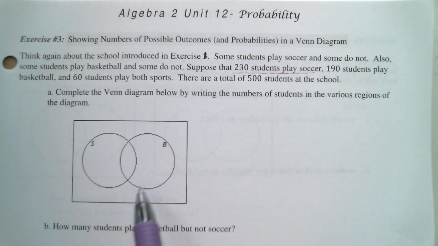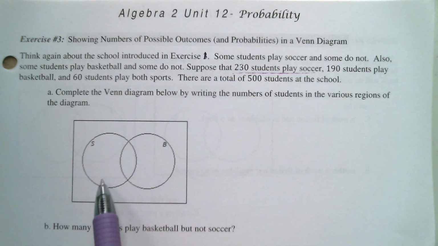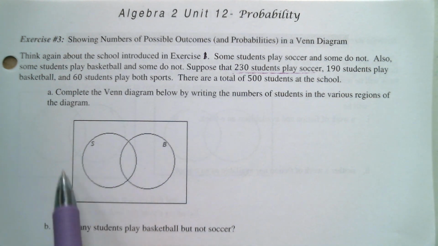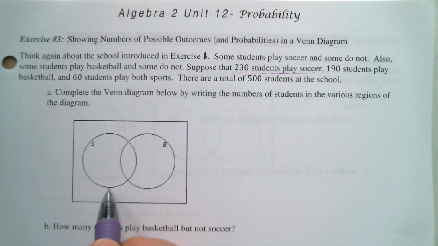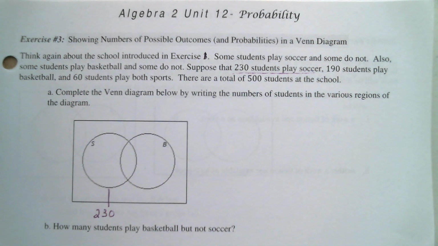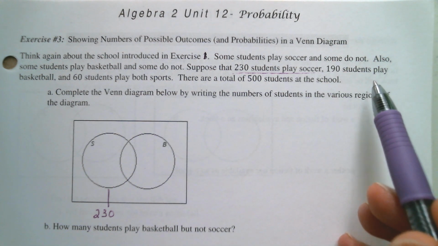So that means in our Venn diagram here, the number of students that comprise all of circle S here is 230. I don't want to put the 230 inside the circle because it'll be confusing. So I'm going to draw a lollipop stick down and say, okay, all of circle S there is 230. "190 students play basketball."